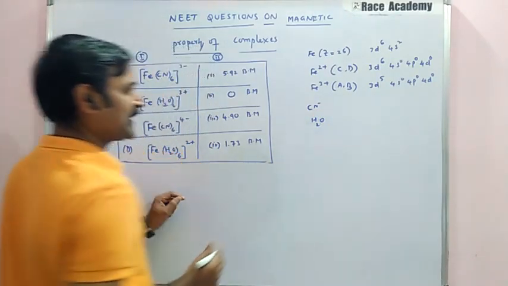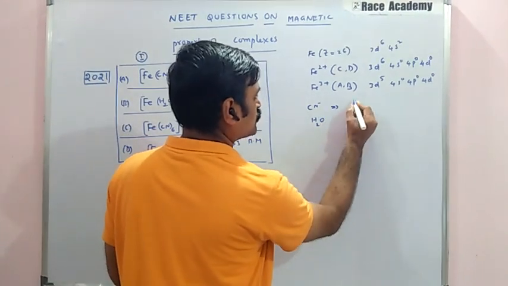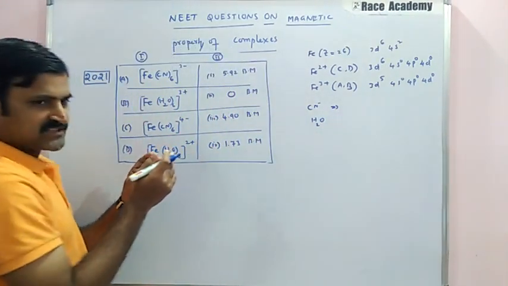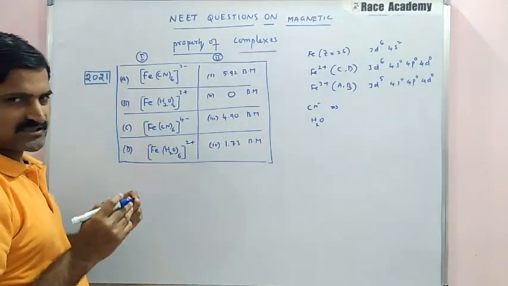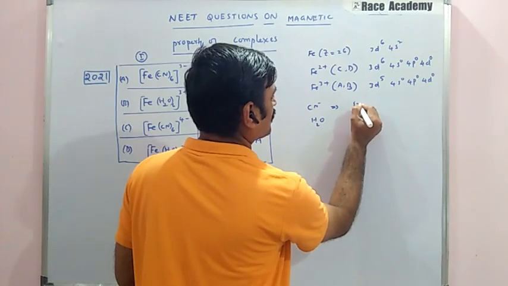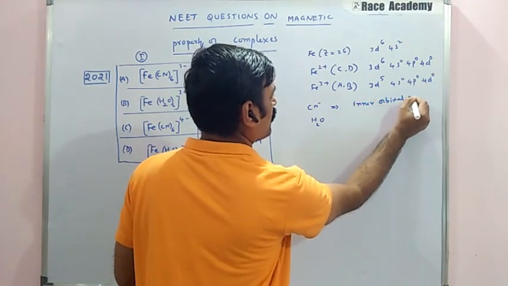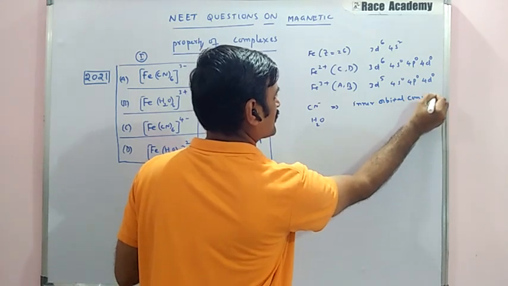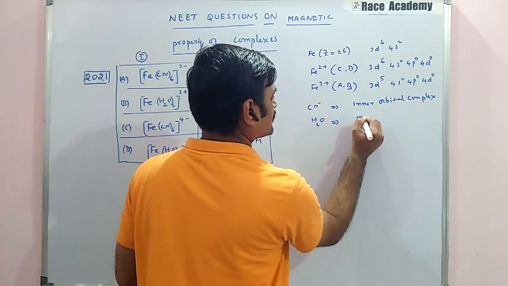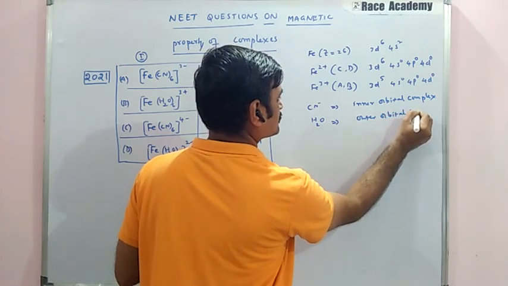Whenever we observe these two types of ligands in this list, CN minus tries to rearrange the d orbitals if needed. That means it gives an inner orbital complex, and H2O gives an outer orbital complex.